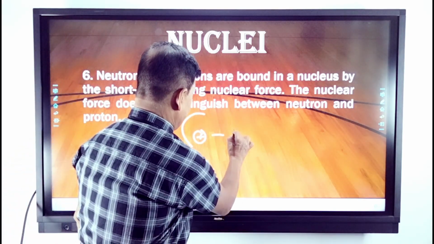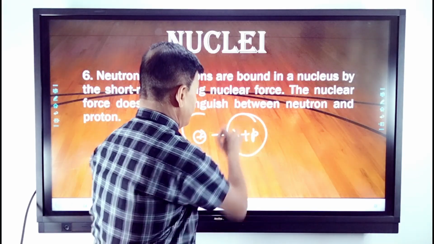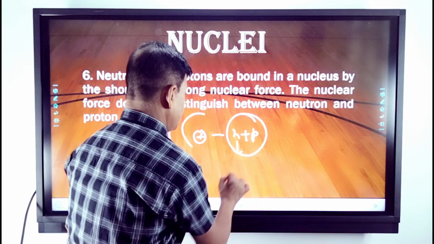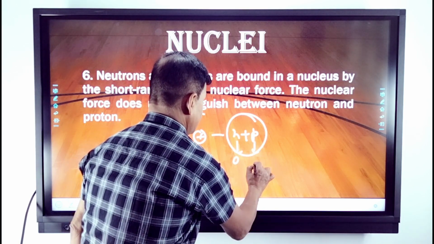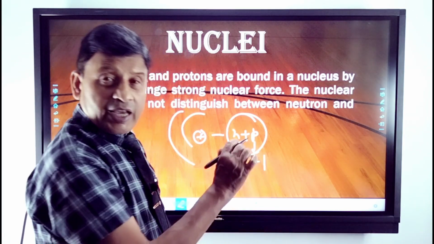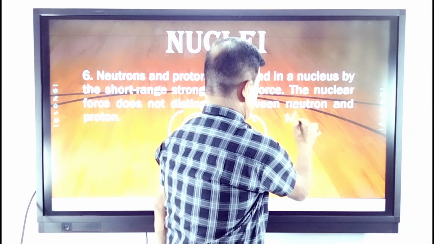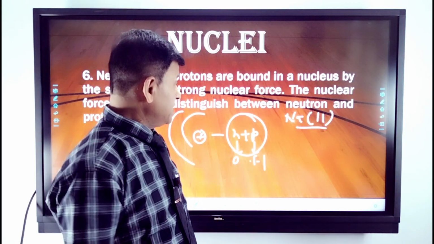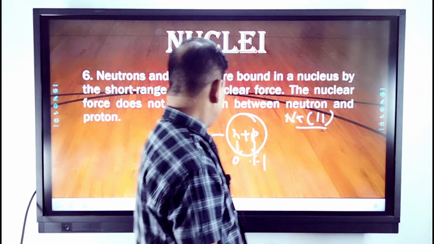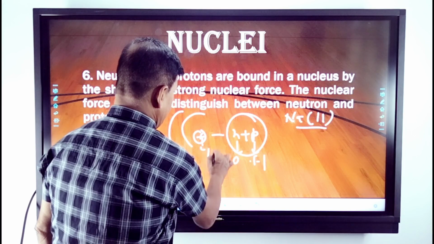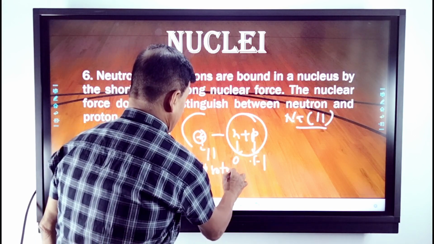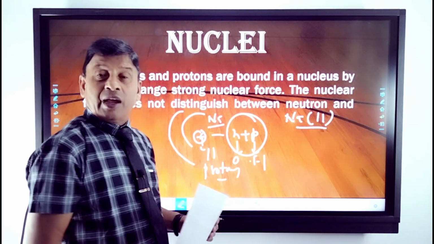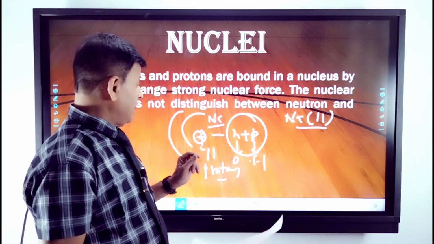Within the nucleus there are neutrons plus protons. The charge of a neutron is 0 and that of a proton is +1. Say you take sodium. Sodium has atomic number 11. It means in the sodium nucleus there are 11 protons.